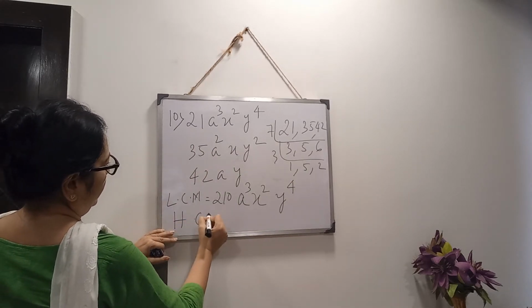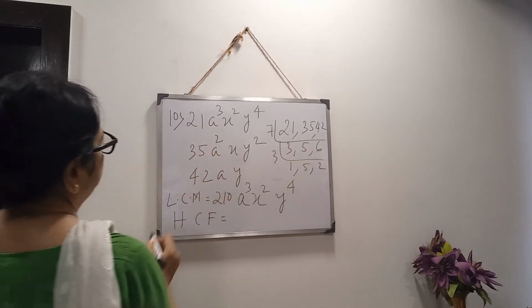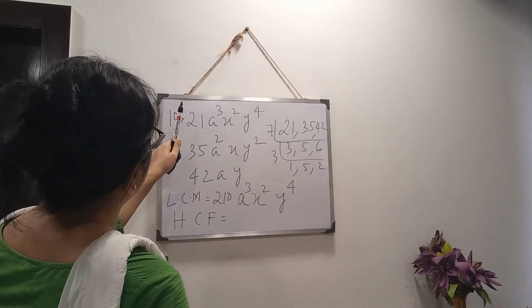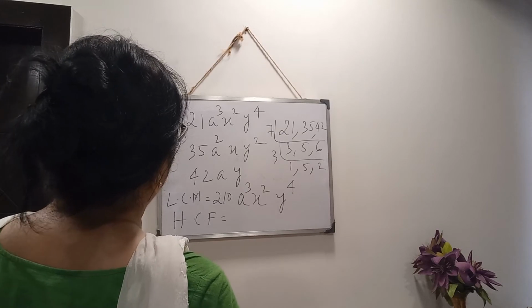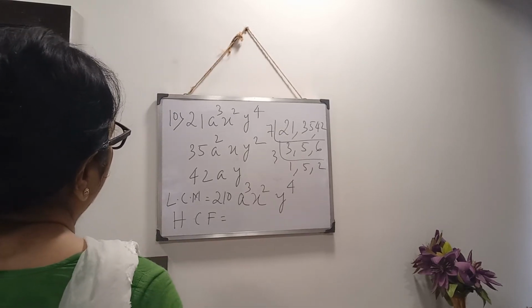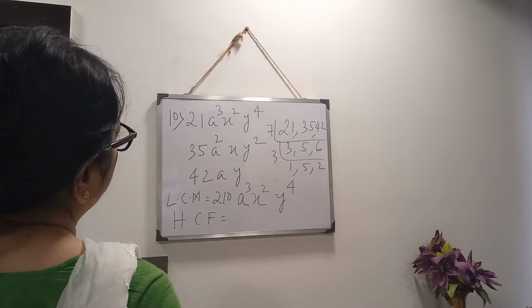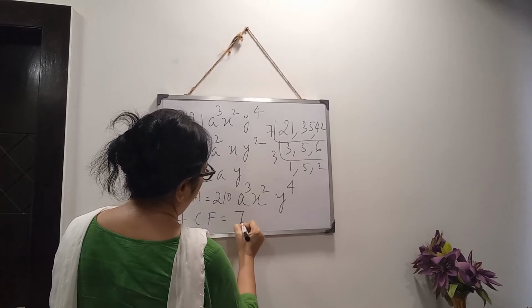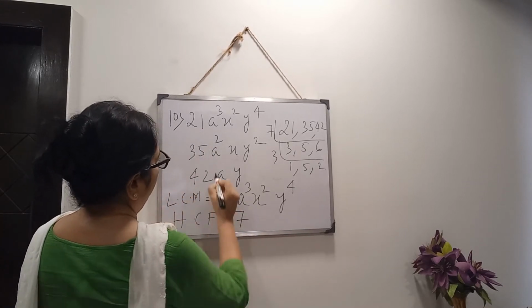And what will be your HCF? You have to check what is common among the factors: 21 is 7 into 3, 35 is 7 into 5, and 42 is 7 into 6. So 7 is there. So the common factor is 7. Clear?